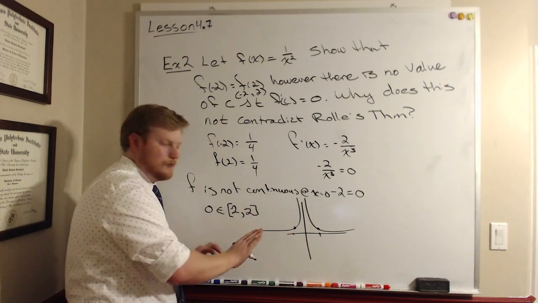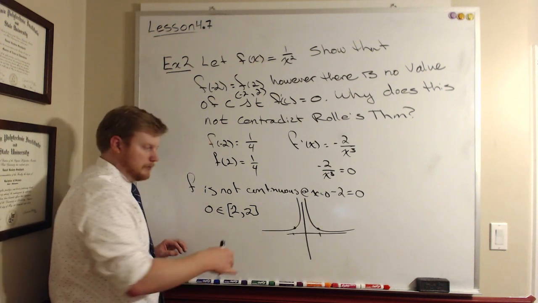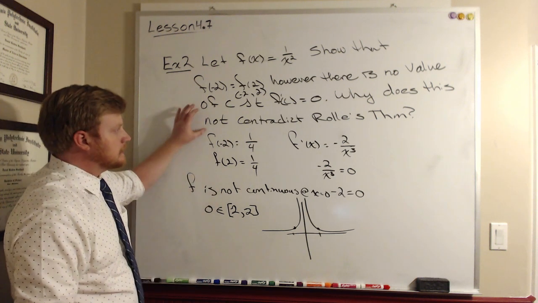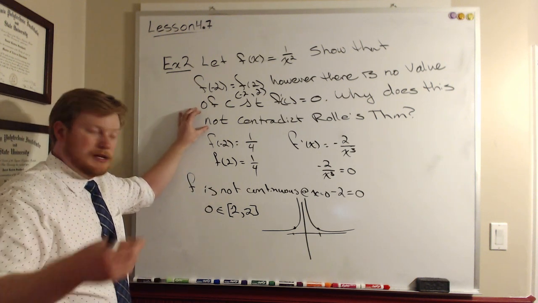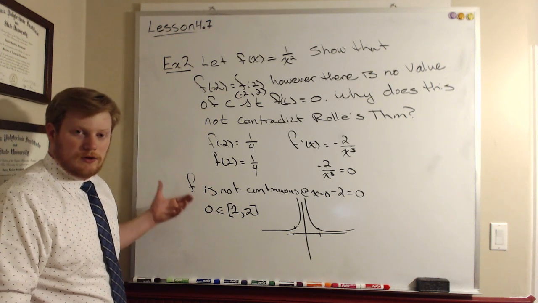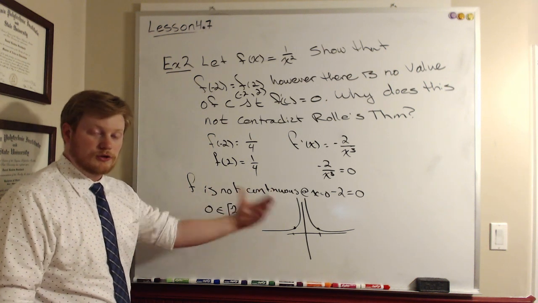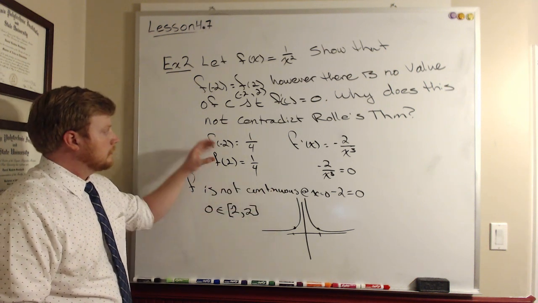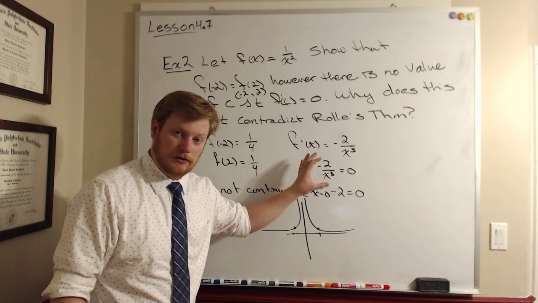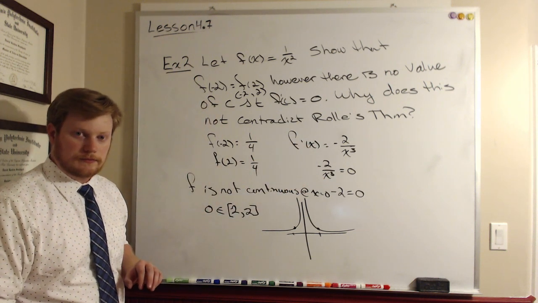But there's no max or min there because it's not continuous. There's a place of discontinuity, therefore Rolle's theorem does not apply and is not contradicted because the first two hypotheses were never shown to be true. And if the hypotheses aren't true, then it is okay for the conclusion to be false, and not contradict the theorem.